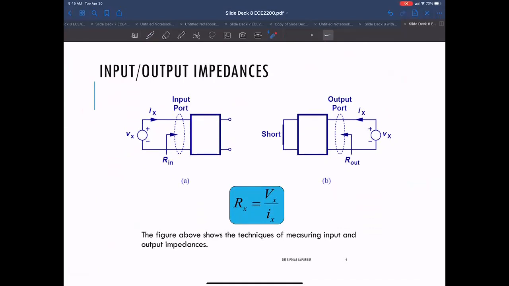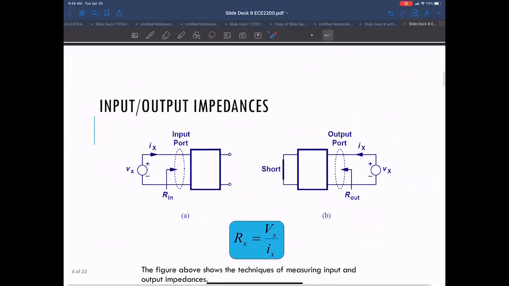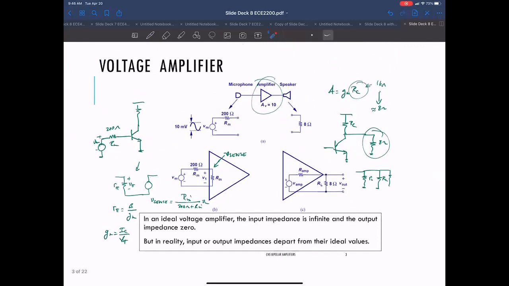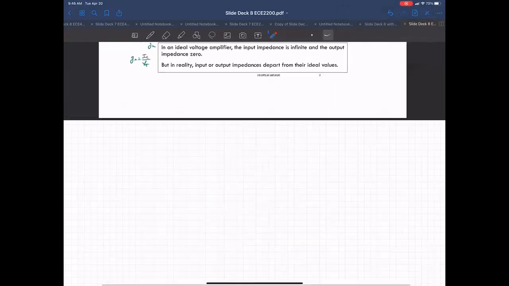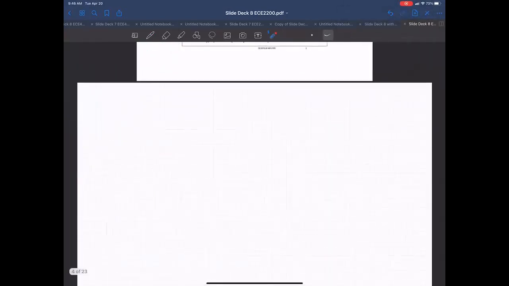Actually, before we do that, let me just run a couple of specific examples of what the situation looks like. I think this is one of the examples in the book.